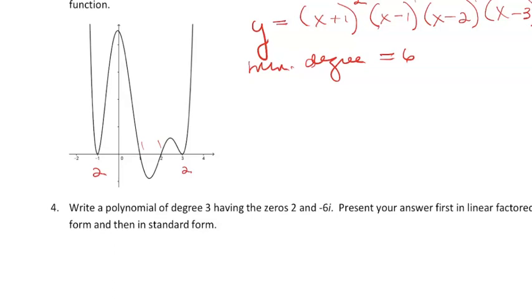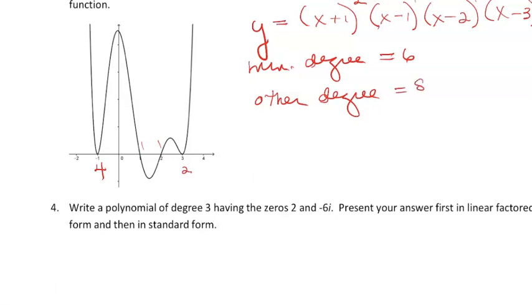Okay, next thing. What are possible other degrees? So what you could have done, you could have said, oh, this double root over here, maybe that was another even root to the power of 4. So if that's a 4, so then I would add 4, 5, 6, 7, 8.